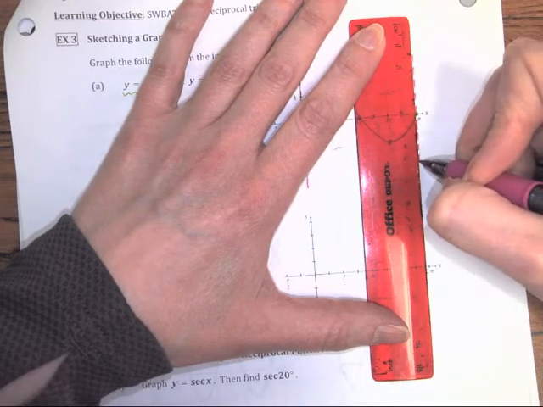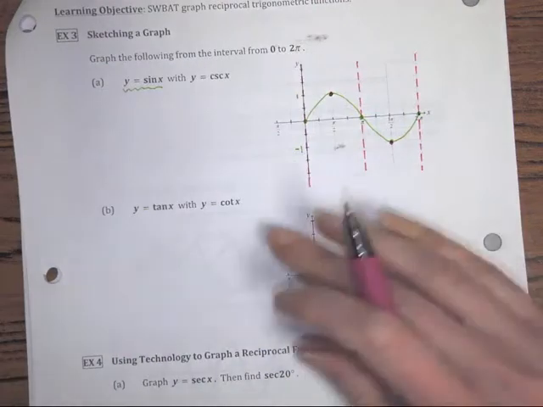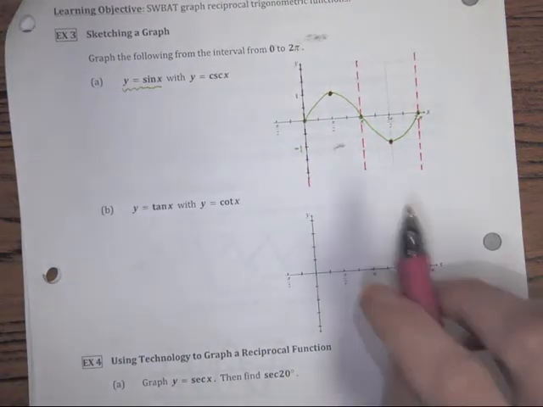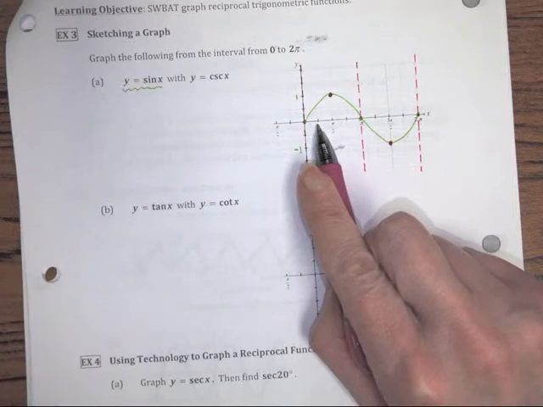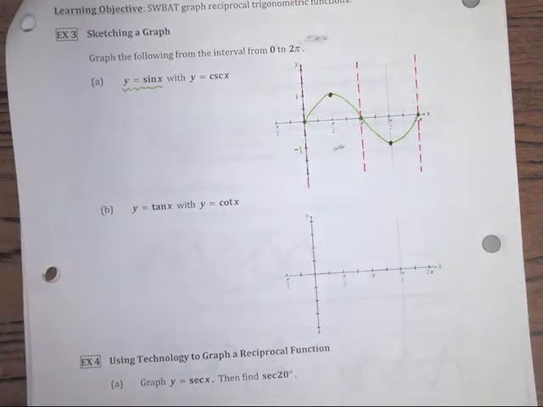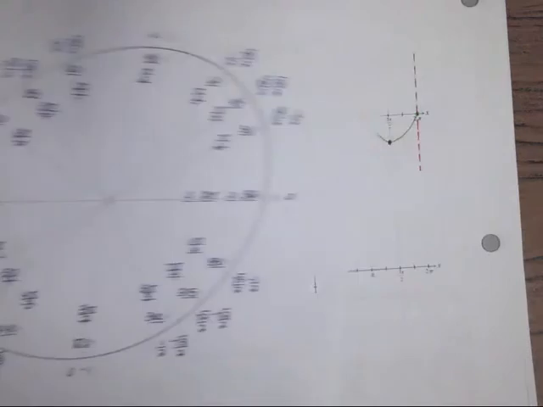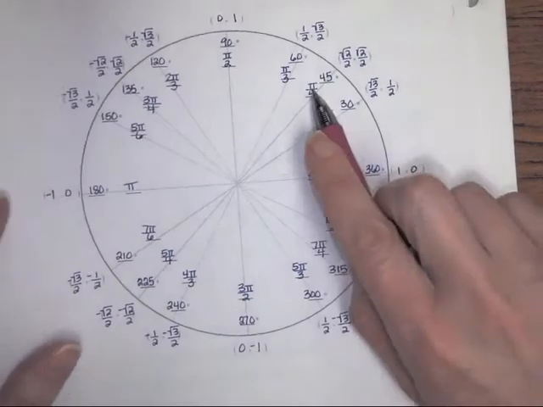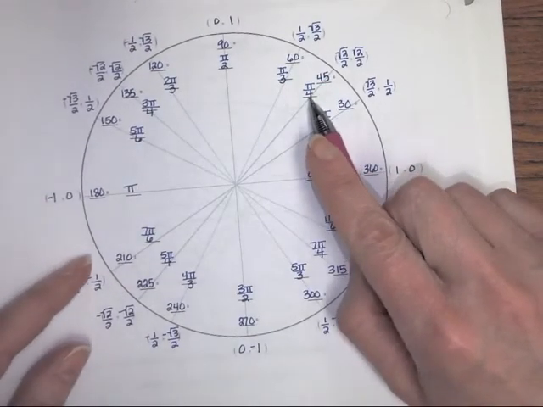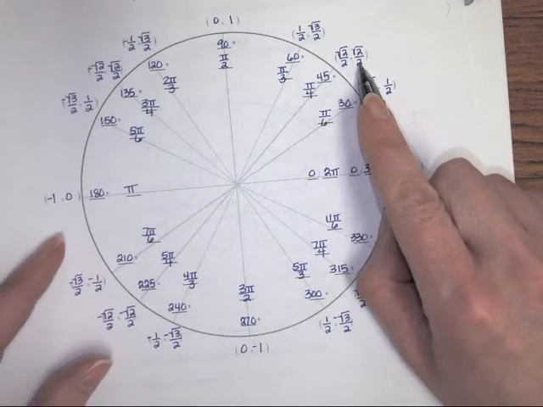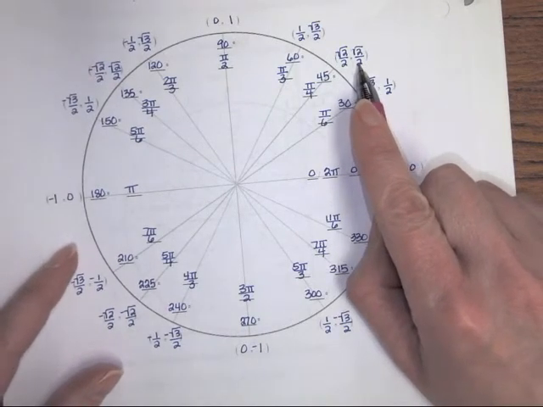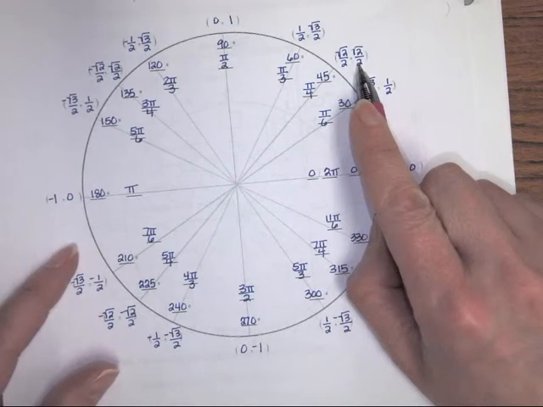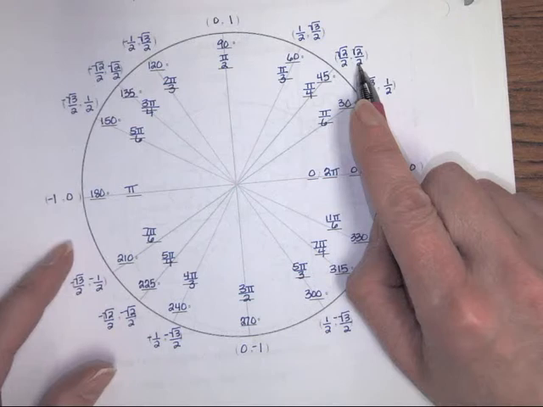So the question is, what is this doing in between the asymptotes? Let's do this. Would you agree this point right here is pi over 4, right? Okay, so let's go to pi over 4 on our unit circle. So here's pi over 4. Our sine value is the y value, which is the square root of 2 over 2, right? Our cosecant value is the reciprocal of that.